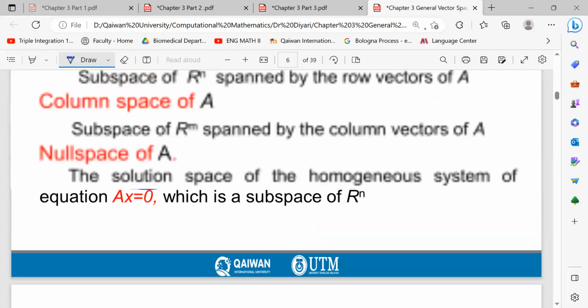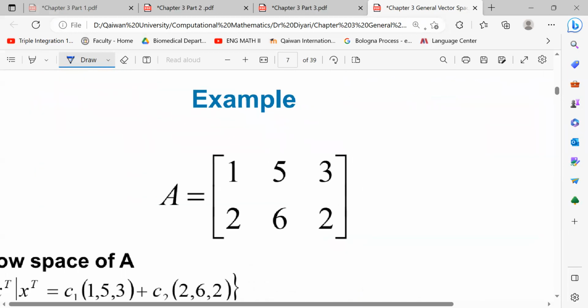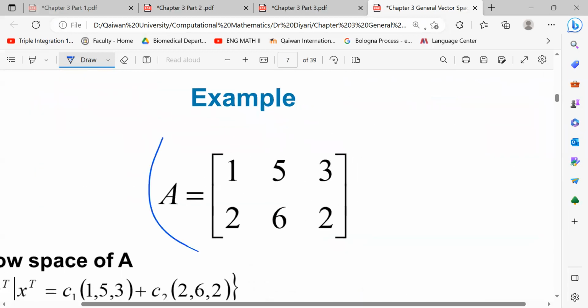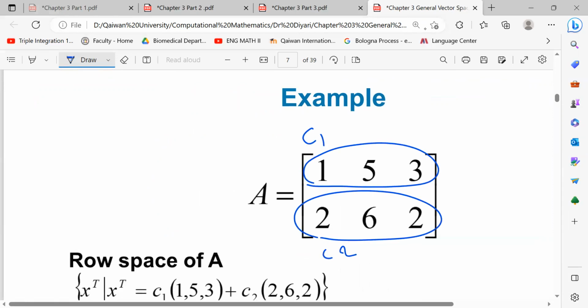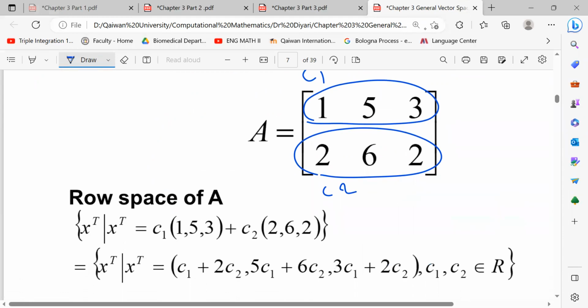We'll take an example about each of these. Look, here for the row space, we have two rows, C1 times this and C2 times this. We just find the sum of them. We say x transpose is C1 times the first row plus C2 times the second row.